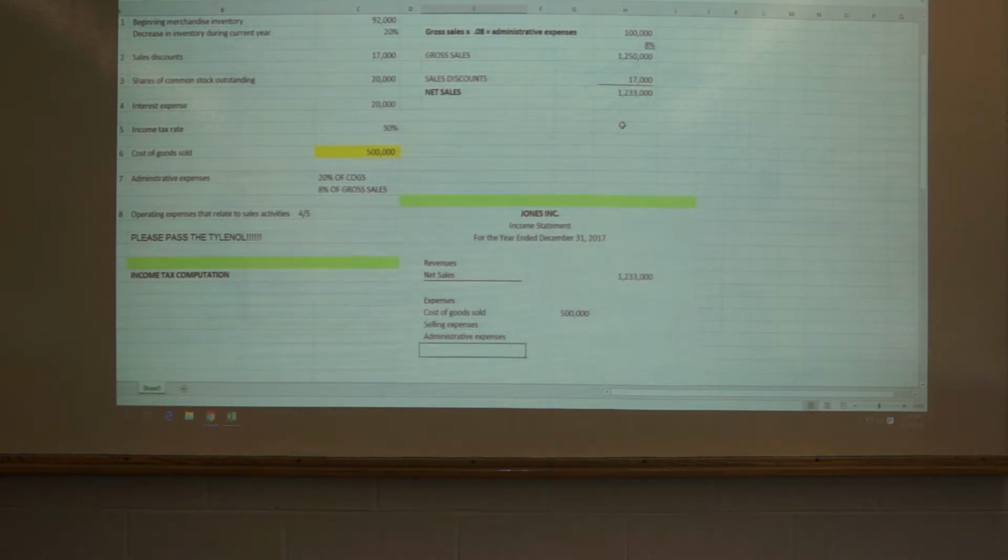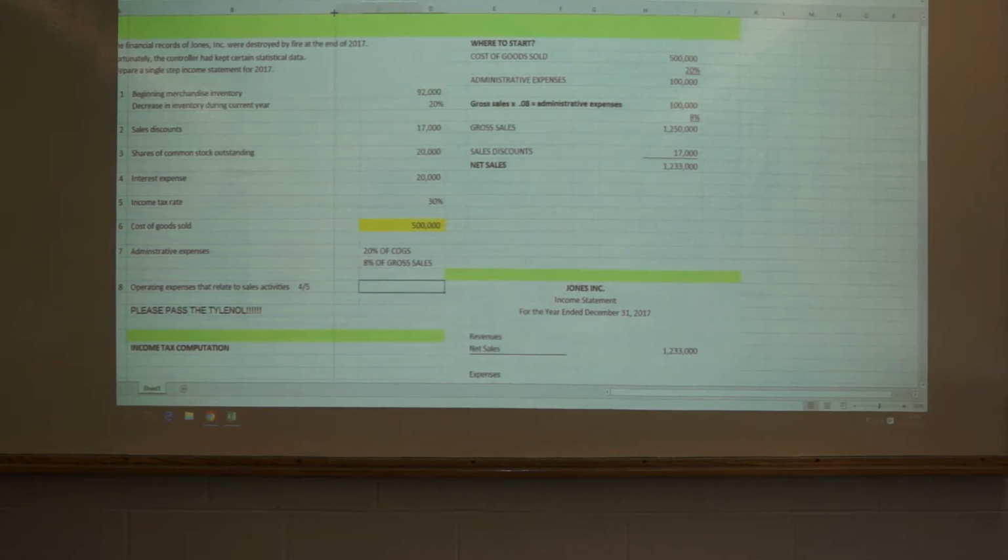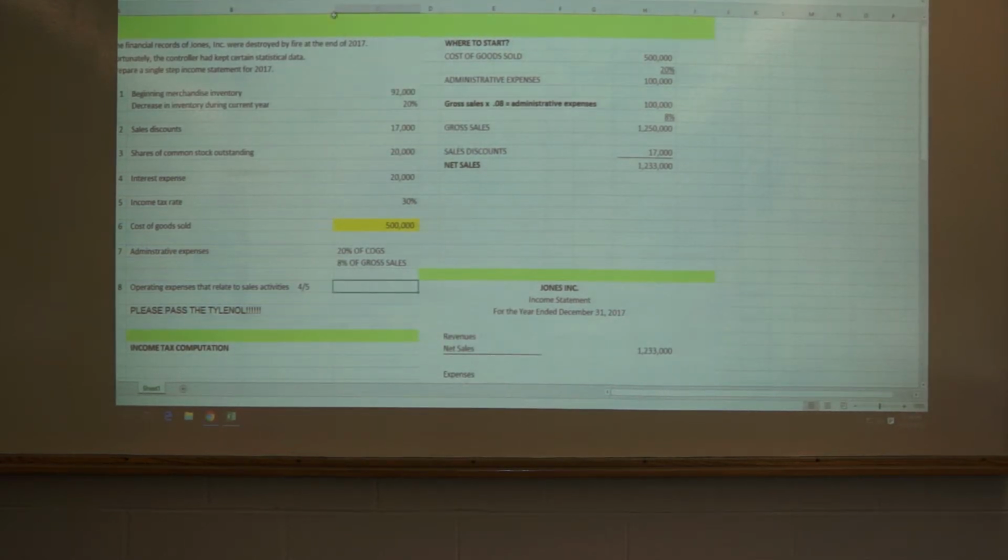So let's see if we can figure that out. It says operating expenses that relate to sales activities are 4/5 of what?